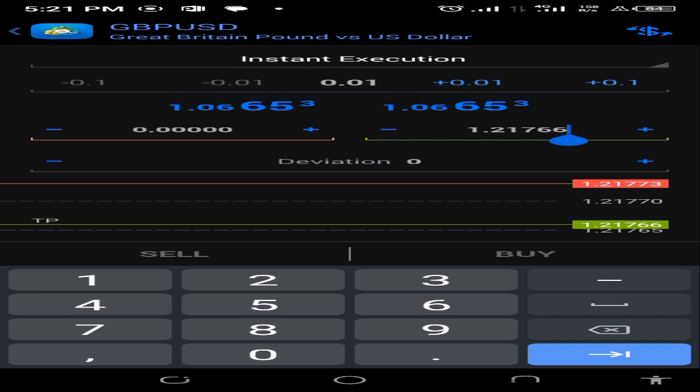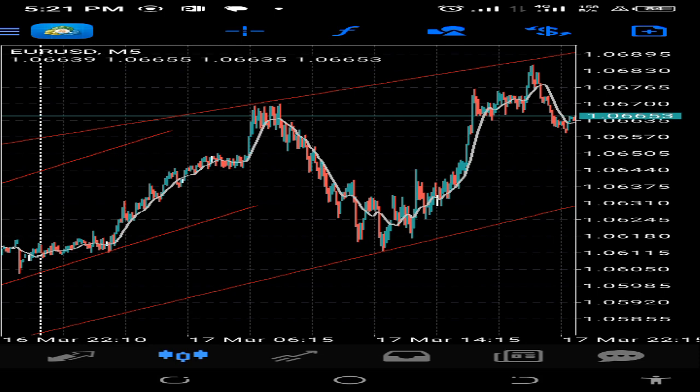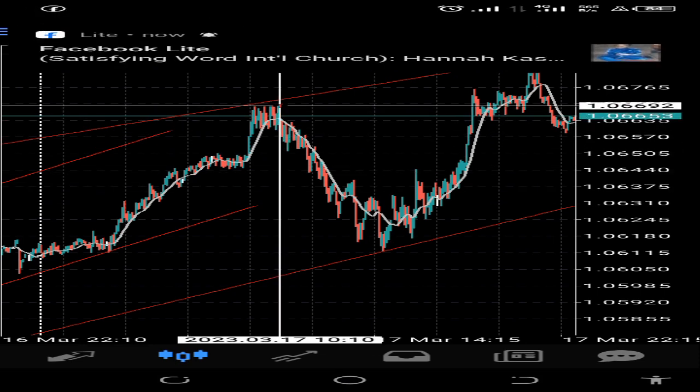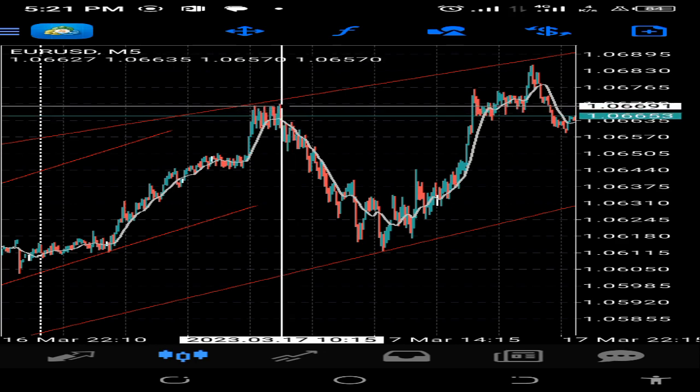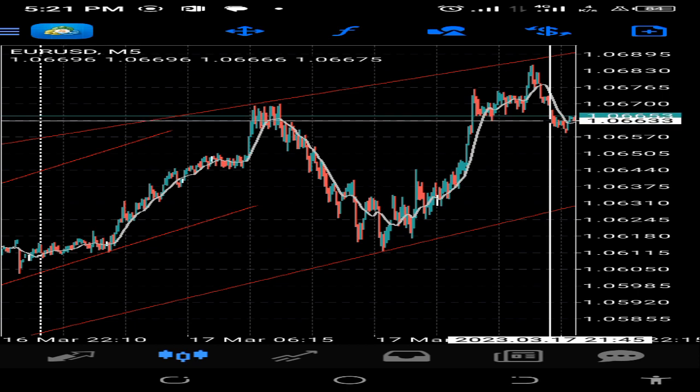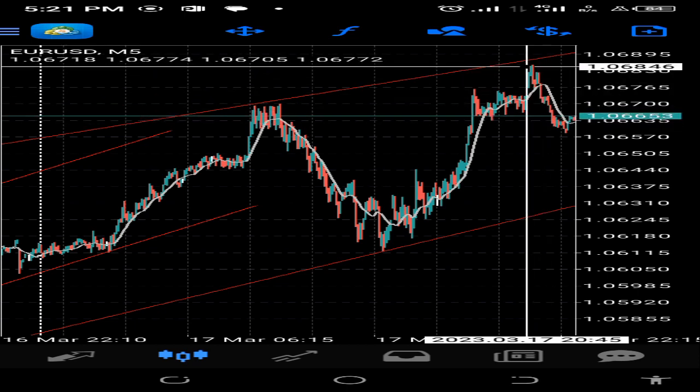Stop loss, take profit, is for instant execution. So let's say for example I want to enter a trade. I'm using my crosshair now for analyzing it. So let's say this is where the market currently is, and I want to sell. I can put my stop loss here. My crosshair told me that the stop loss is 1.0653.